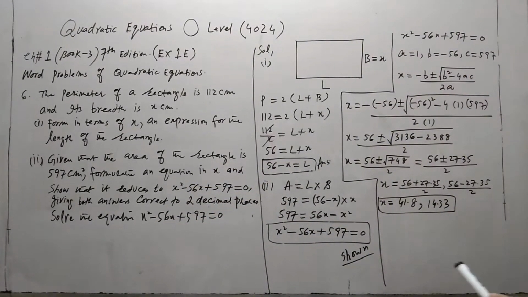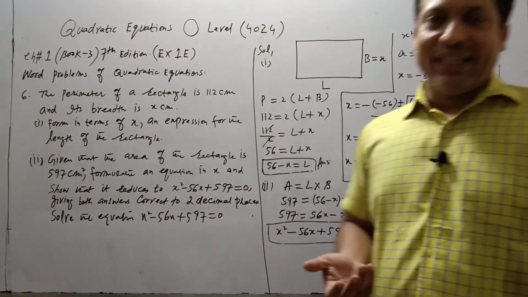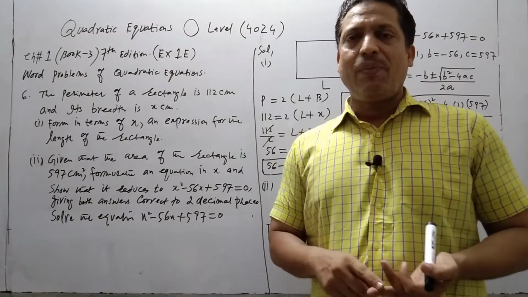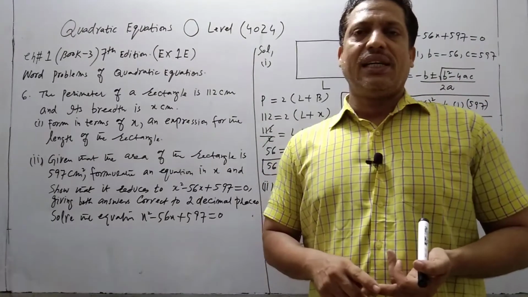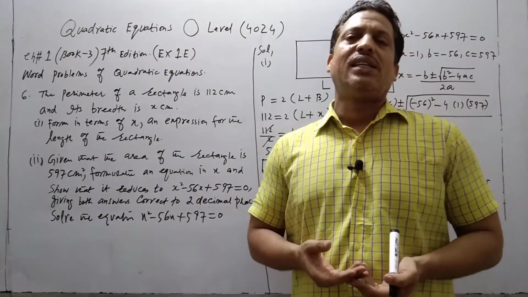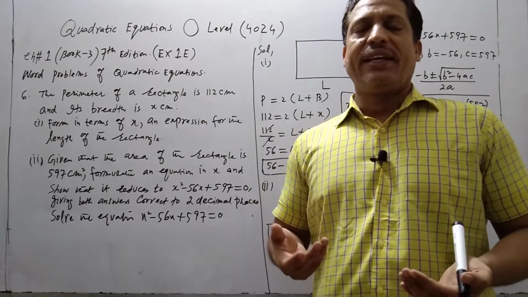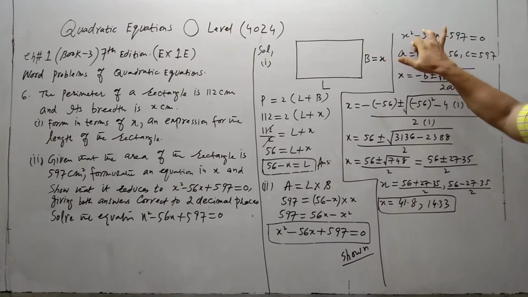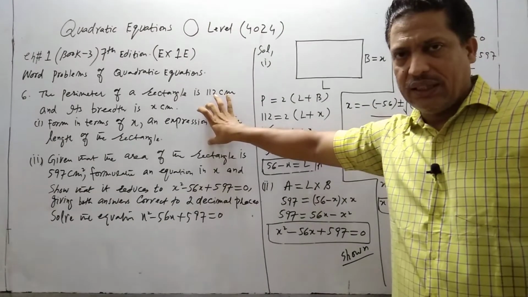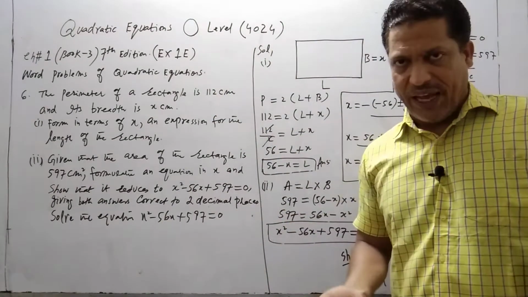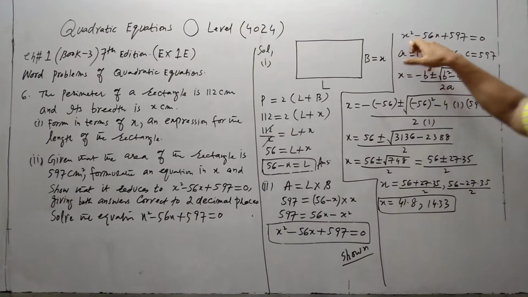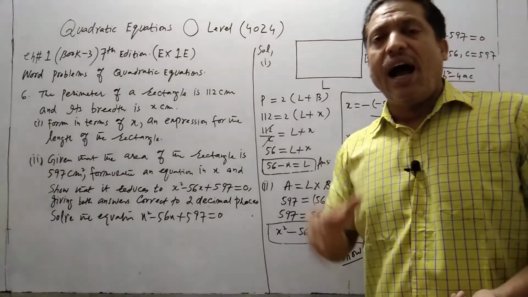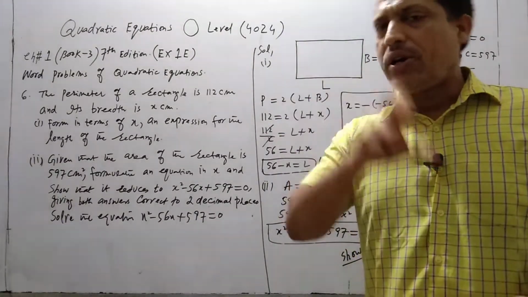You know, student, there are how many methods to solve? 4 methods. One is factorization, one is completing the square, one is quadratic formula, and the fourth is solving the given quadratic equation with the help of a graph. There is no concern which method you apply in this part, but because the values are very big, I prefer you apply the quadratic formula.